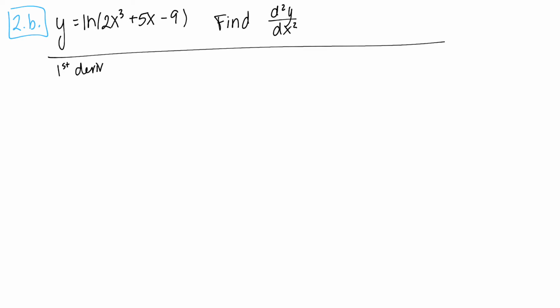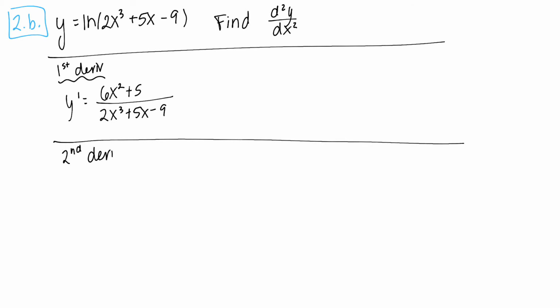So we'll go with the first derivative, y prime. For this one, we're just looking at ln, right? So derivative of the inside is 6x squared plus 5 over the inside, 2x cubed plus 5x minus 9. No big deal there. That's your first derivative.